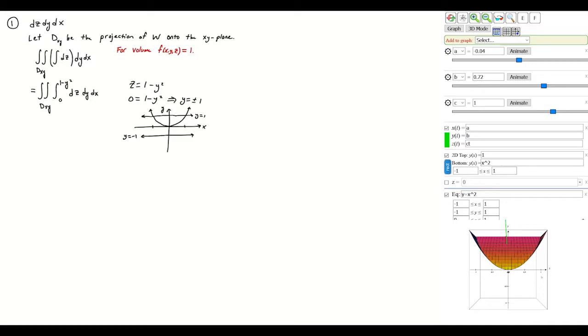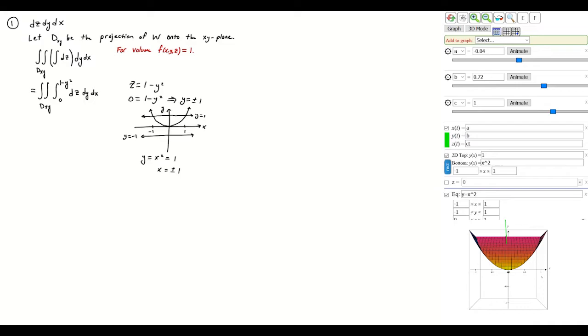So then you want to know those two x values. Well, take this equation here, y equals 1, and set it equal to y equals x squared. You'll solve and get x equals plus or minus 1. There we are.